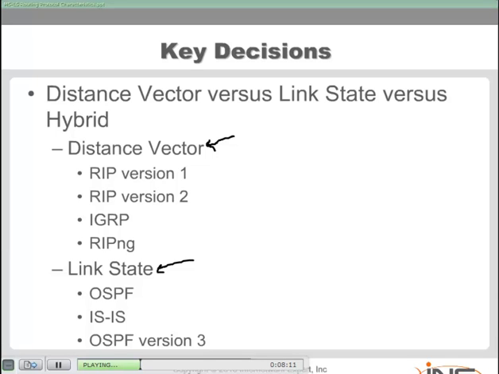By the way, notice I mentioned another category here, and that category is called hybrid. Yeah, there is one protocol that actually features the best of both of these protocols, and that protocol is EIGRP. So with EIGRP, we have a hybrid approach.